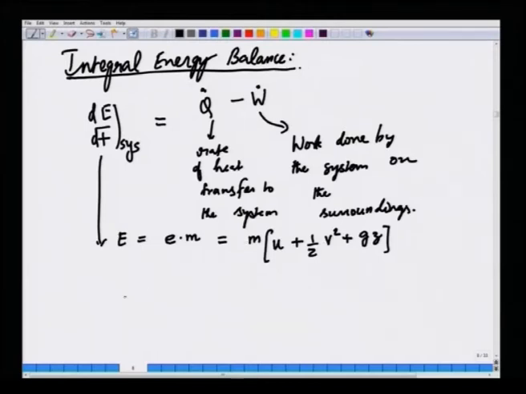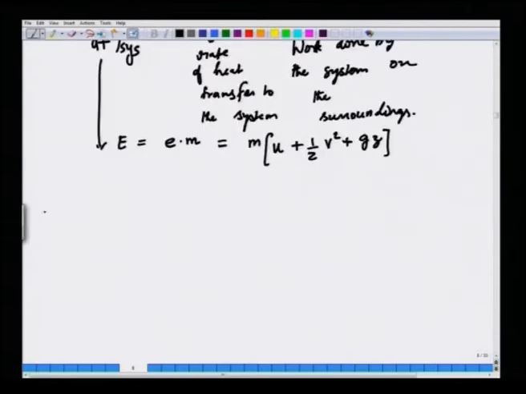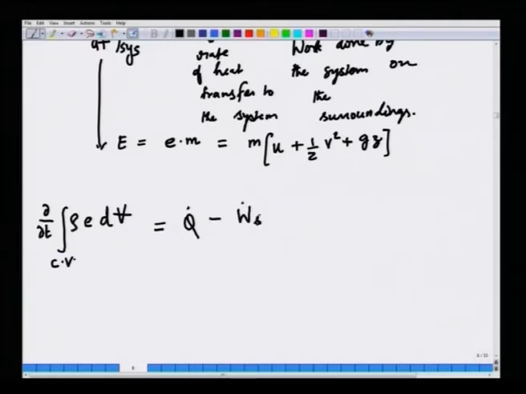Okay. And when we apply the Reynolds transport theorem, we said that this must be equal to d dt of integral over the control volume rho E dV, that is equal to the rate at which heat is transferred to the system minus the rate at which shaft work is done by the system.